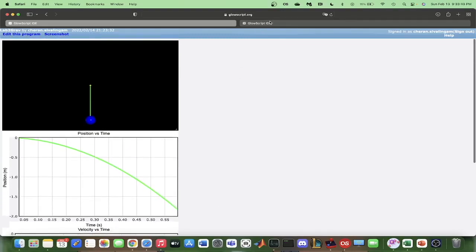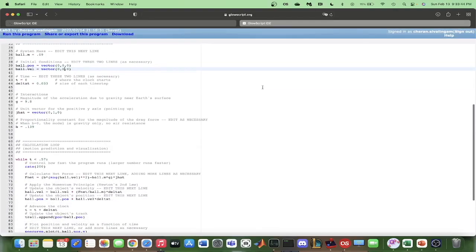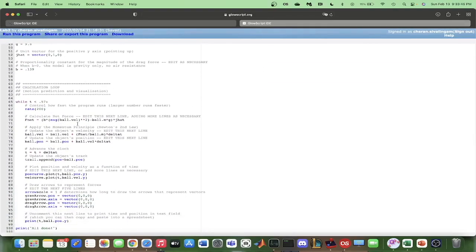However, if we view our second model, we now account for two forces. The force of gravity is still there, but in the opposite direction, we have the force of drag. This is calculated by using the proportionality constant, which is 0.139.